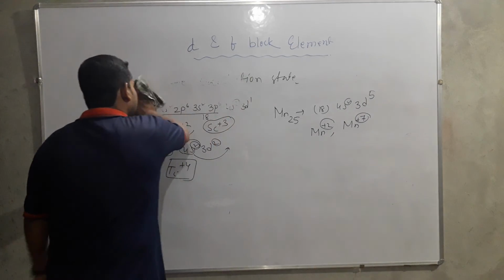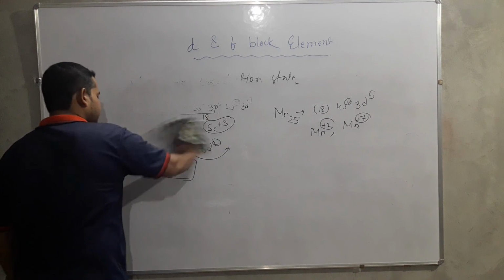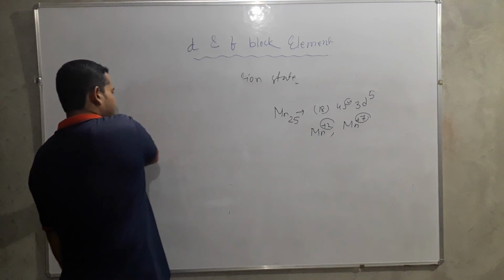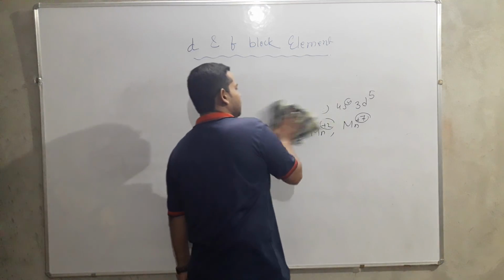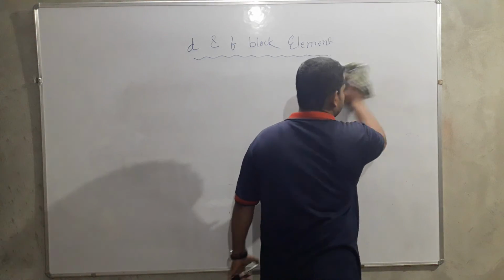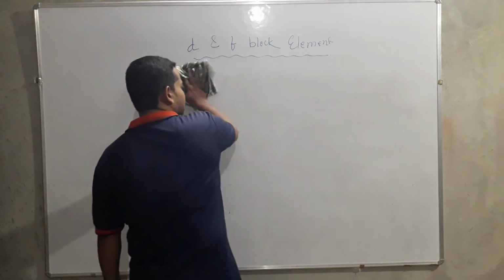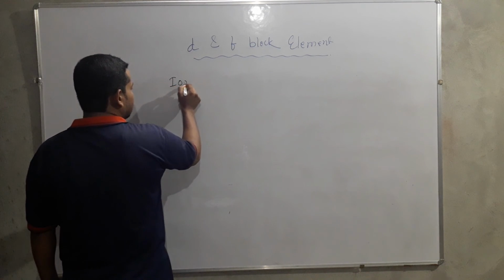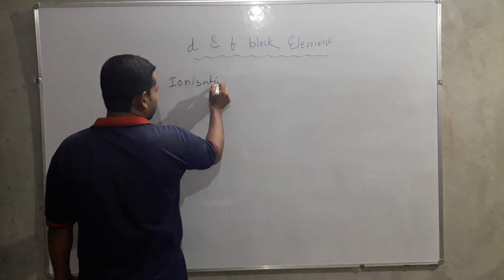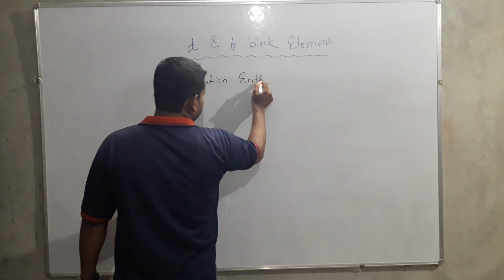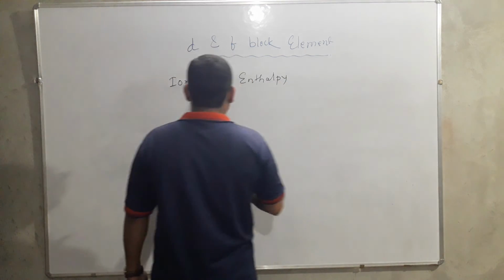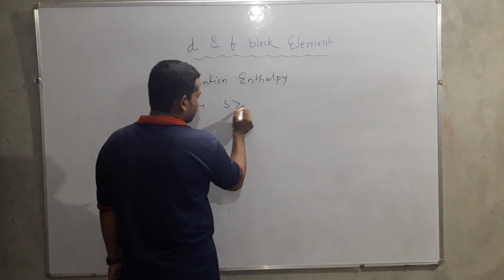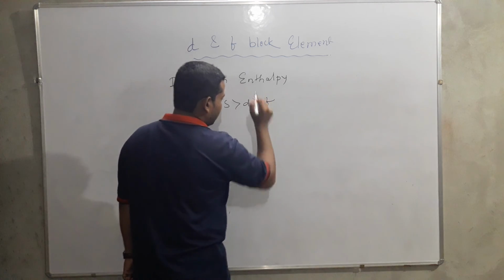Next one is ionization enthalpy. Ionization enthalpy decreases from S to D, D to F. Clear?